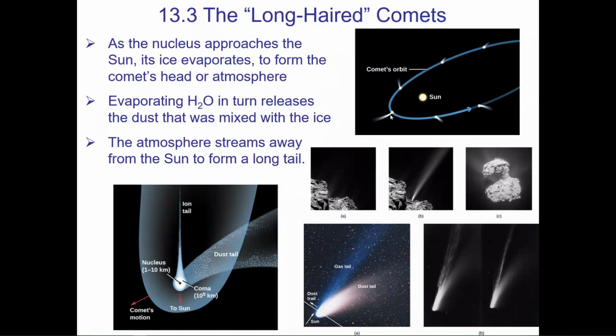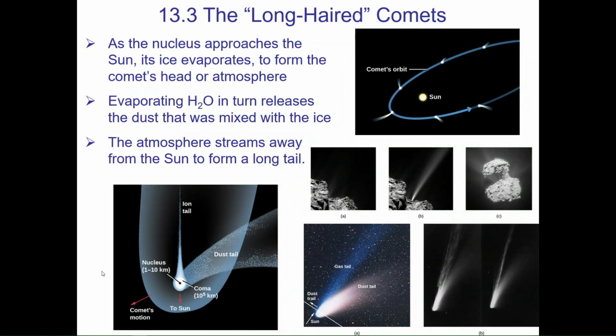The tails of comets come primarily from evaporating water, and as water evaporates, it also releases some dust that was mixed in with the ice. So if you look at the comet, other than the atmosphere, the coma, it also has what we call the dust tail. That is basically dust released by the evaporation of water ice.